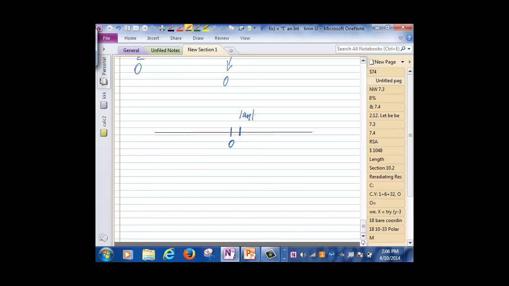What is the meaning of saying that the limit is 0? It means that I can make the absolute value of a_n as close to 0 as I want to, simply by picking n big enough, right?